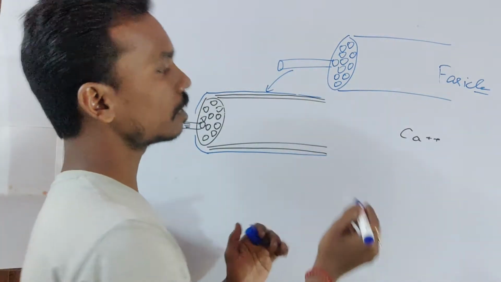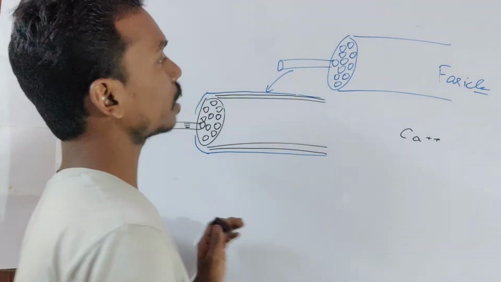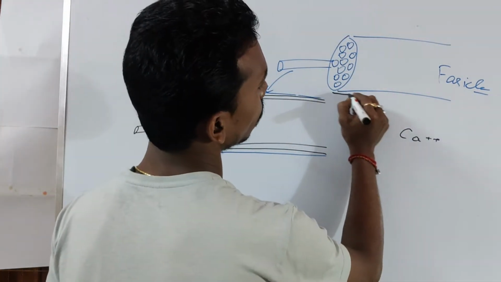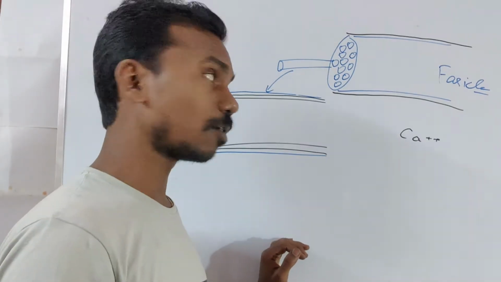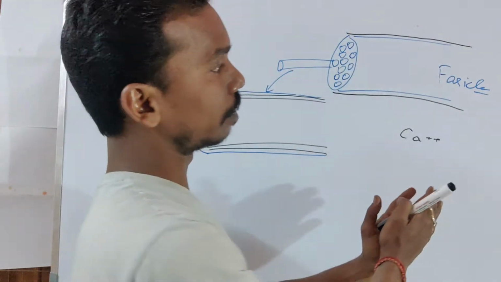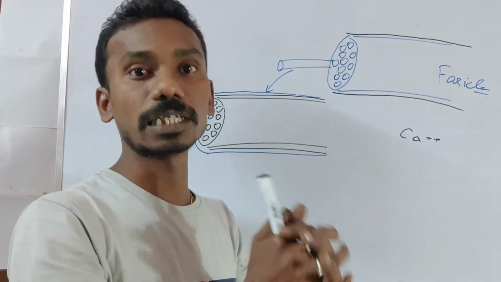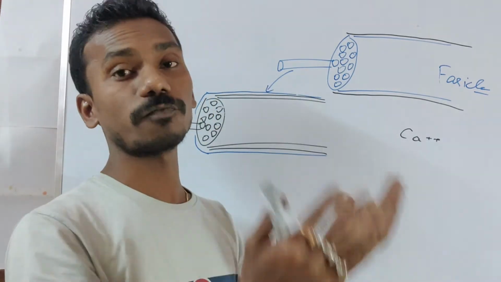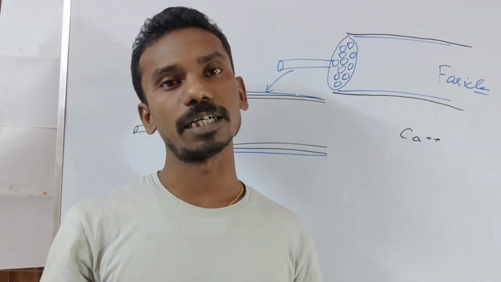This fascicle is covered by a connective tissue. That connective tissue is the perimysium. And this fascicle again makes a bundle which is called a muscle, and this muscle is covered by a connective tissue that is the epimysium.